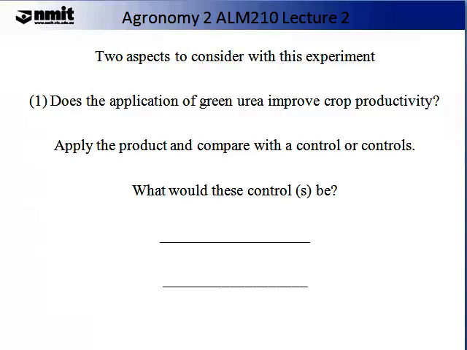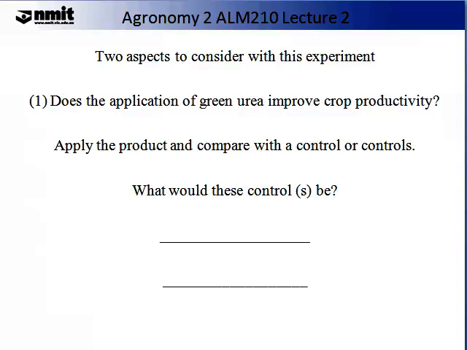In the Yangying Teaching and Research Demonstrator, there are 2 aspects which we consider with respect to this experiment. The first one is, does the application of green urea improve crop productivity? In this case, we would apply the product and compare it with a control or a number of controls.